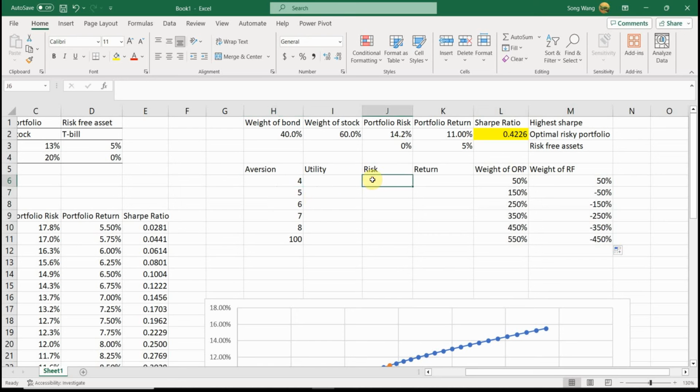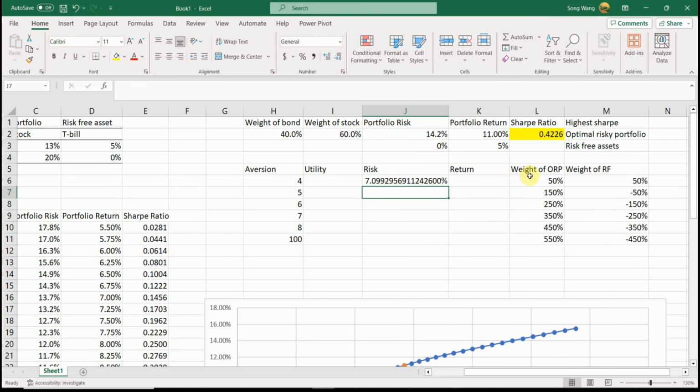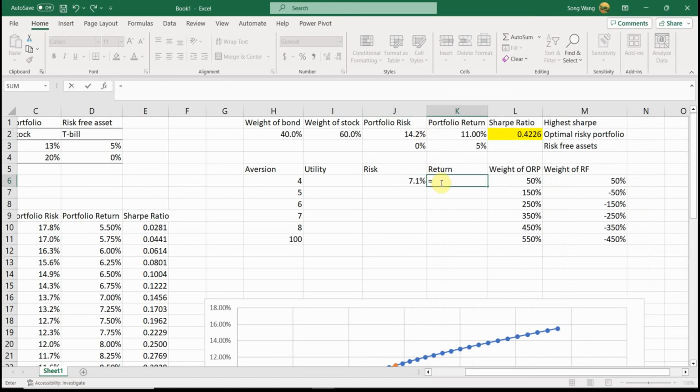All right. For the risk level, for all of them, you're going to use the portfolio risk up here, lock it, multiplied by the weight of the portfolio. I need to use the format painter to keep the format consistent. For the return, it is going to be the portfolio return times the portfolio weight plus the risk-free return times the risk-free weight.